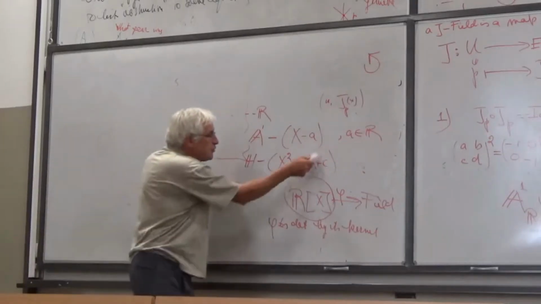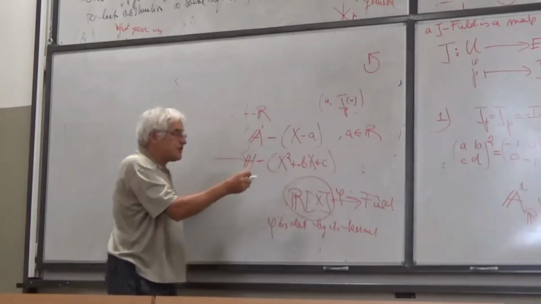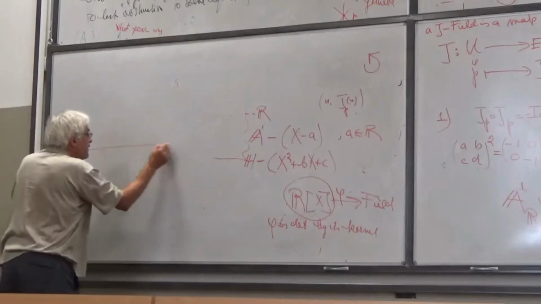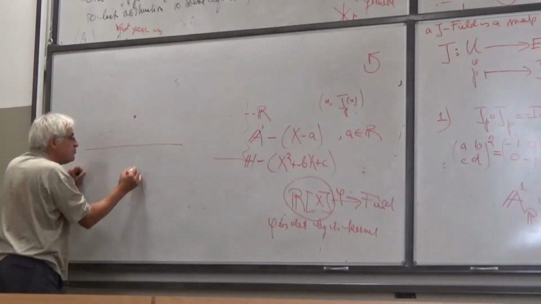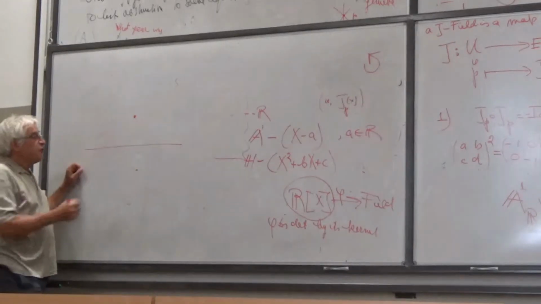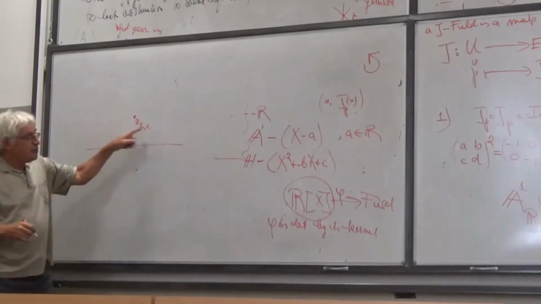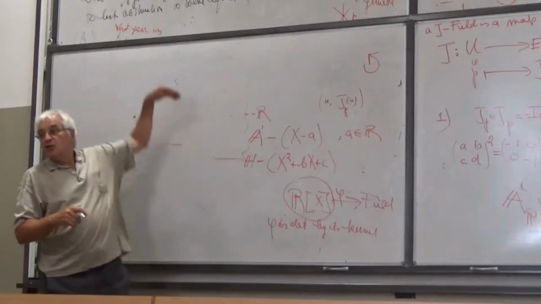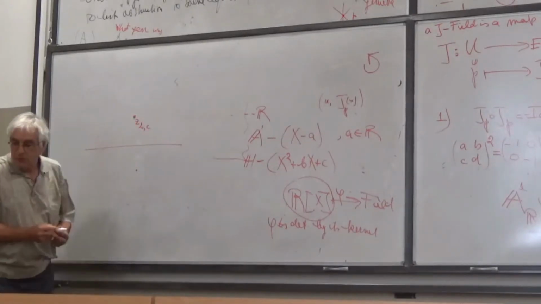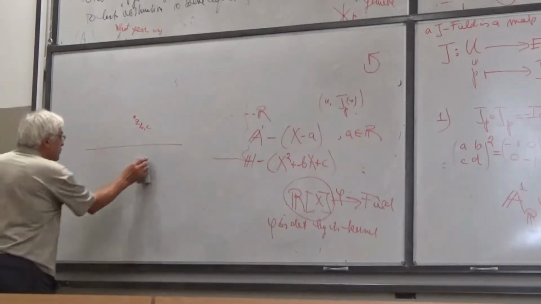Now, if you have such a polynomial without real roots, then in the complex plane I know it has two complex roots. So I write z(b, c) for the root of that polynomial which is in the upper half plane. And we forget the other root.